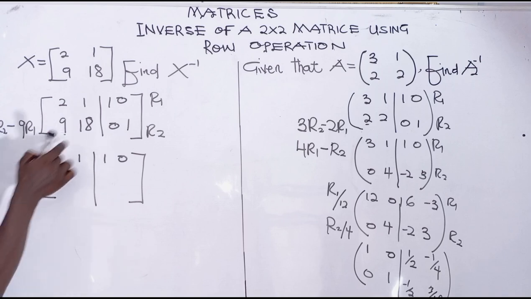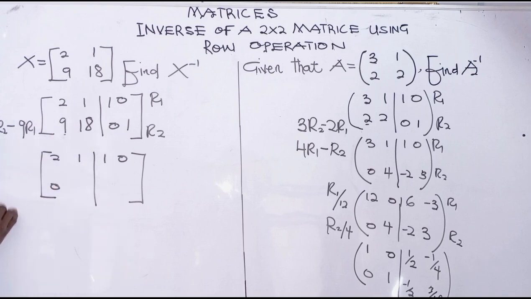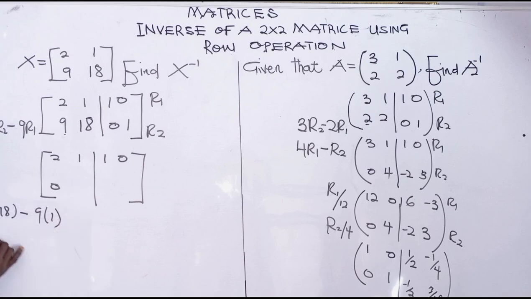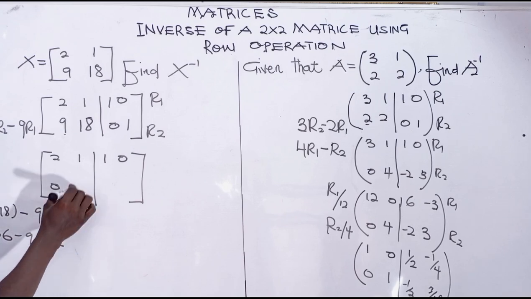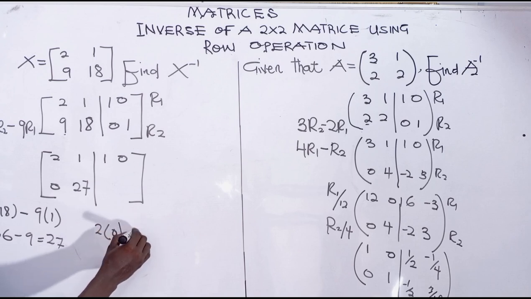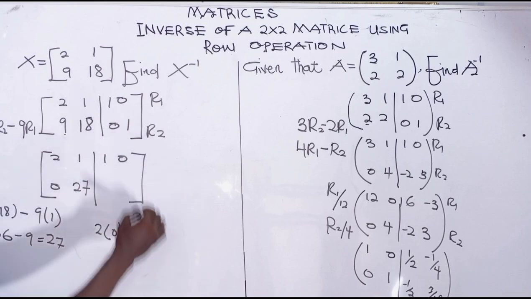Now let's look at this entry. So we have 2, 18 minus 9, row 1 is 1. So we have 36 minus 9, that gives us 27. So we have 27. Let's look at this entry. So we have 2 minus 9, 1.